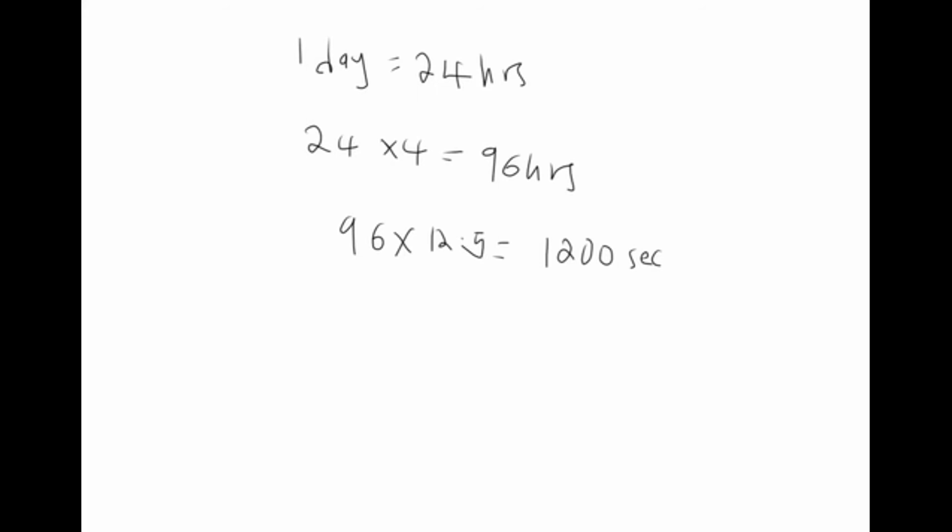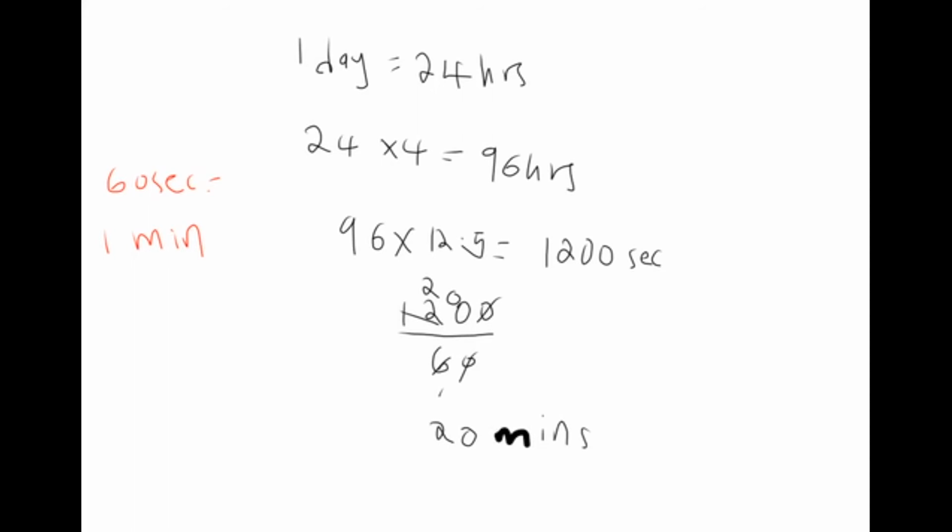Then we convert these 1,200 seconds into minutes by dividing by 60, because 60 seconds are equivalent to 1 minute. We cancel this 0 with this 0. By 6, 1. By 6, we get 20. So, the watch gained 20 minutes.